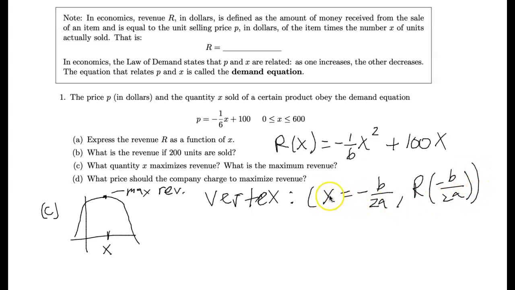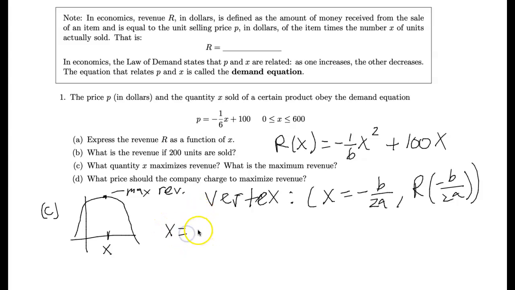I guess I didn't really need the X there, but it's force of habit. So you're going to use the a's and b's from your revenue equation, plug them in to find the X, and then find R of that value to find the maximum revenue. So let's go ahead and do that.